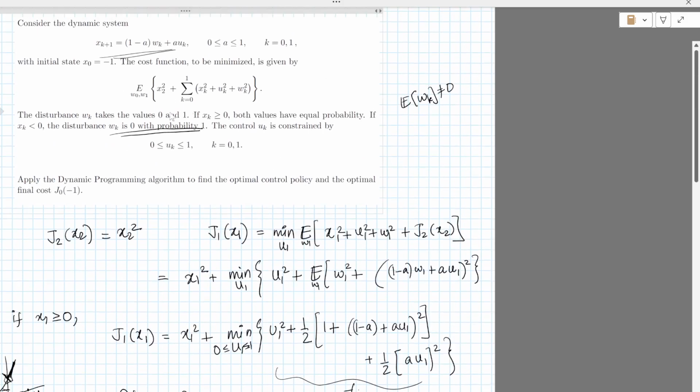When x1 is 0, you can have both. Wk can take any value, 0 or 1.